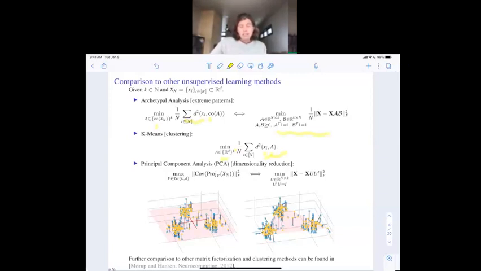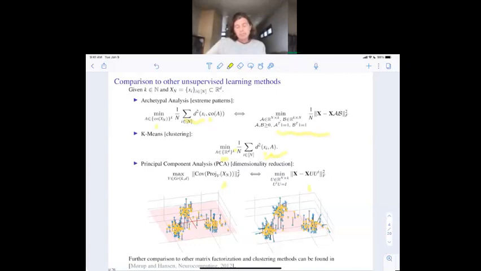The other unsupervised learning method that this has a lot in common with is principal component analysis, PCA, right? So in PCA, you start with data in generally a high dimension, and you try to find a low dimensional representation of the data. And so there's a geometric and algebraic formulation of that problem.